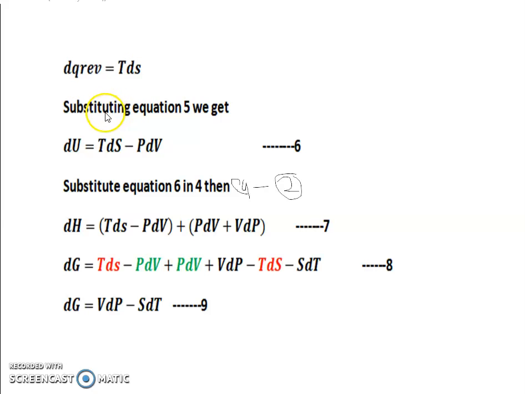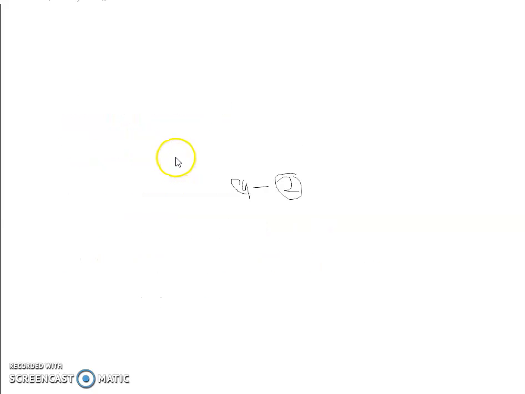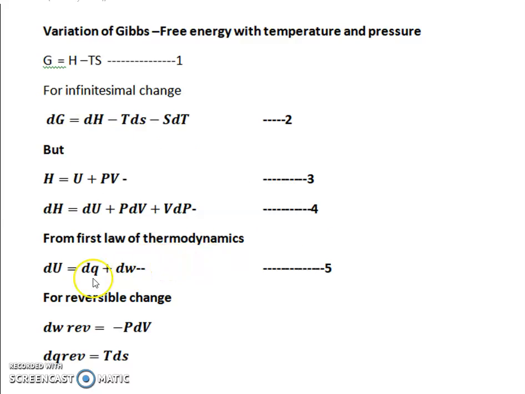So substituting this in equation 5, dU is equal to dq plus dw.